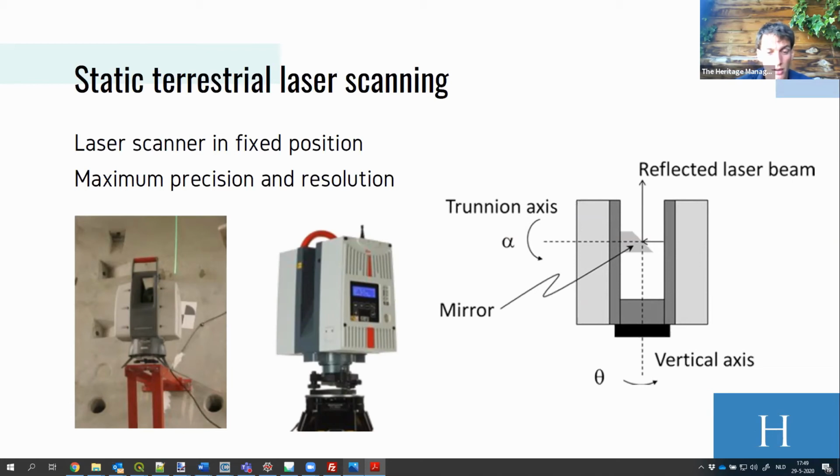These are the scanners that are most frequently or conventionally used also in archaeological sites for the documentation of architectural artifacts. And these systems are fixed on a certain position. So you have a tripod, and on the tripod you mount your laser scanner. And the fact that we have this laser scanner in a fixed position also allows you to obtain the highest accuracy that you can get with systems like this.